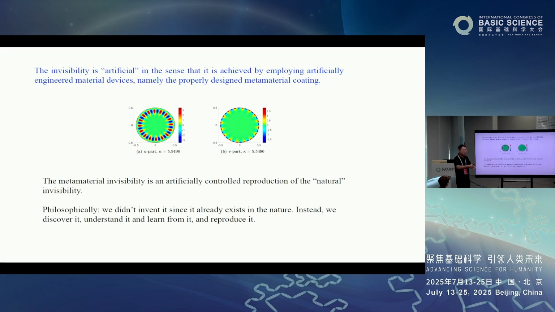It's the same principle. Philosophically, I want to remark that we didn't invent it. It already exists in nature, and we just discover it, understand it, learn from it, and reproduce it. So at least our theoretical study gives some meaningful hints here.